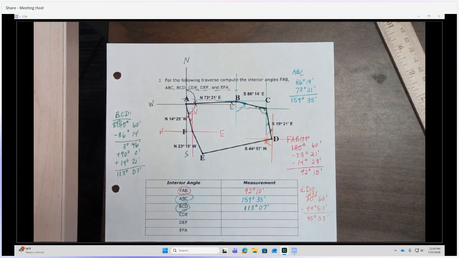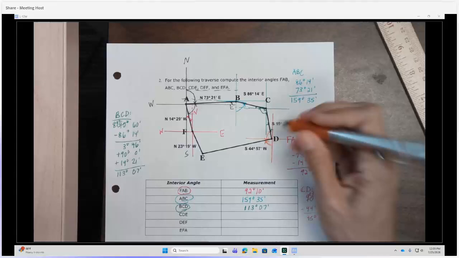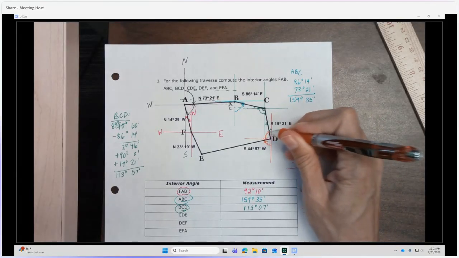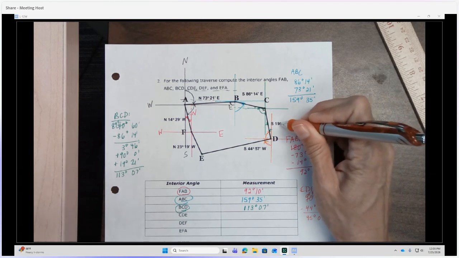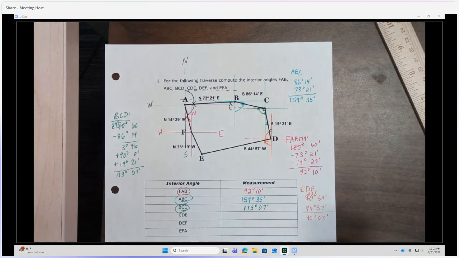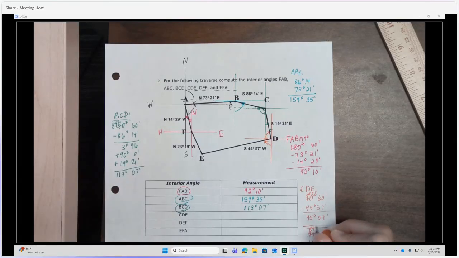And then we're going to have to add that to this part of the angle, which is going to be 90 degrees minus this 19 degrees and 21 minutes. So I've got another part that I've got to subtract here. 90 degrees minus 19 degrees, 21 minutes. Again, I'll borrow 89 degrees, 60.